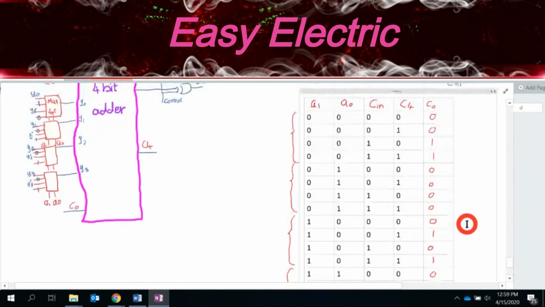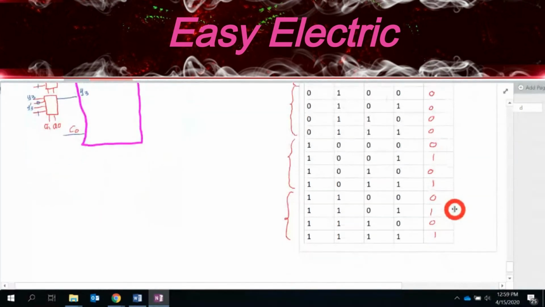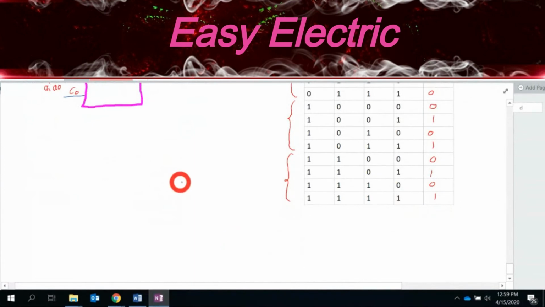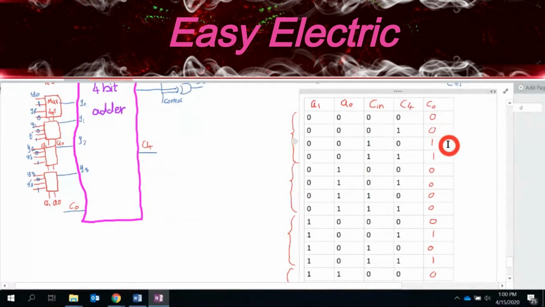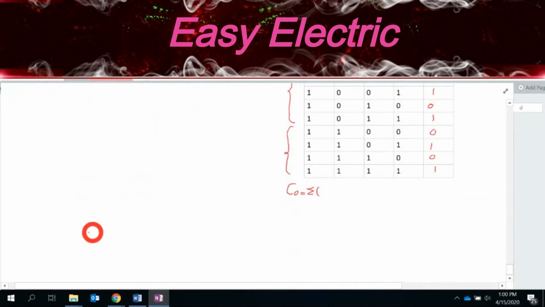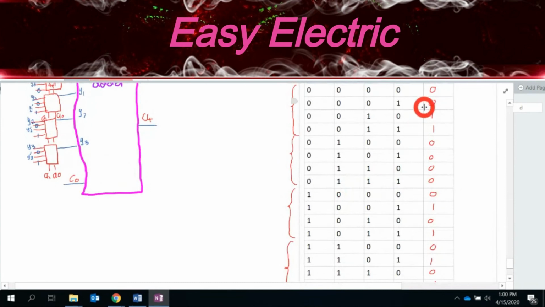So that means you could actually get the circuit for that. Here you could say C0 equals sigma minterms. Which minterms? You just check where it is 1, right? The rest should be easy. So this is 2, this is 3, right? I add here 2, 3, where the other place is 1.